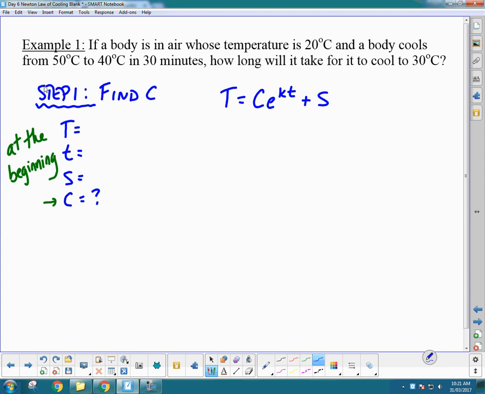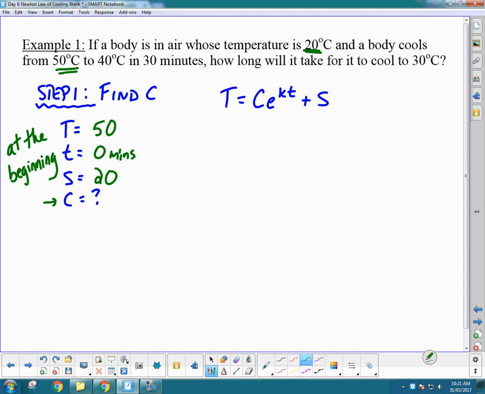The temperature at the beginning is 50. That's what it says right there, the entire temperature. But the C is just the temperature of the item itself. The surrounding temperature we know is 20. And since we're talking about the beginning, t is 0, 0 minutes in this case.